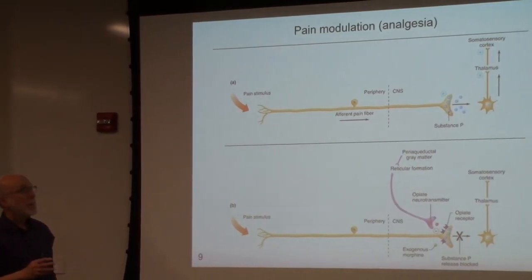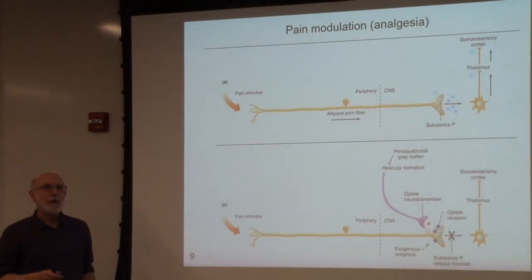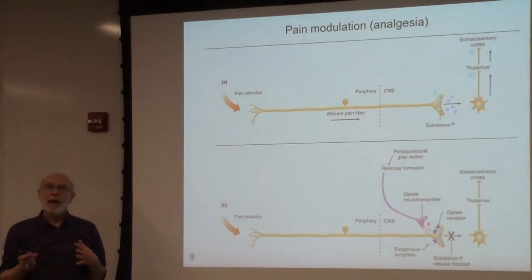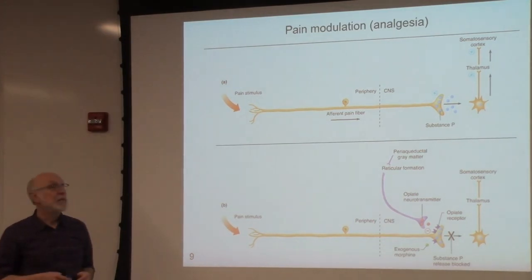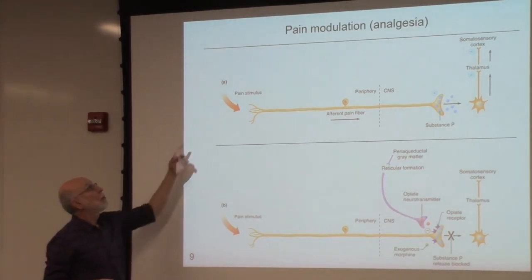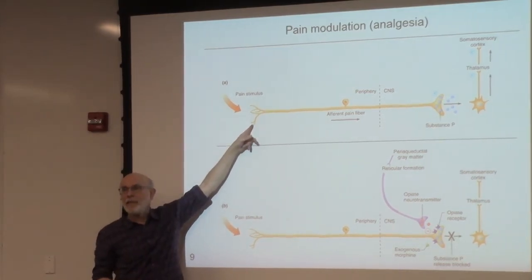So let's finish the somatosensory bit with a discussion of pain and pain modulation, or analgesia, pain inhibition. Here's a painful stimulus. Where are these nerve endings? In the skin somewhere. A painful stimulus to the skin.